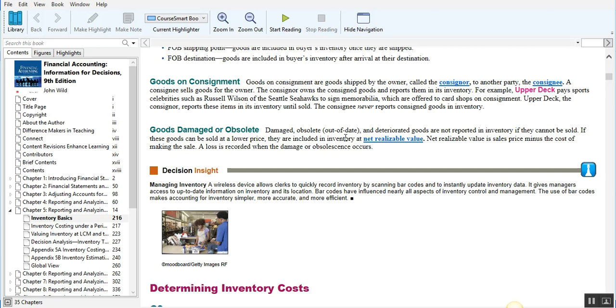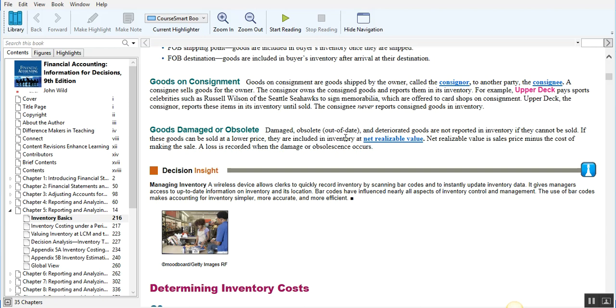The best example is if we have perishable items that we're selling and they go past the expiration date, we can no longer sell those, so we need to discard them and write them off. As they go bad and we discard them, they would be losses or reductions in the inventory value.